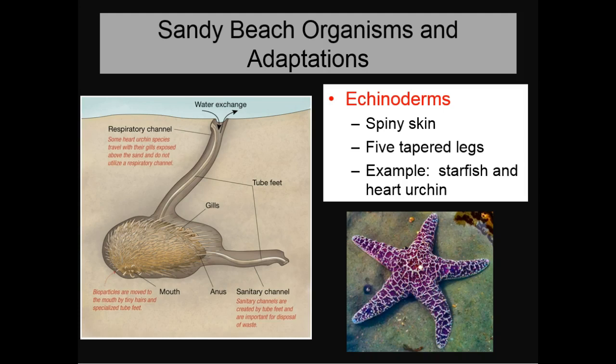You can see it's got its own sanitary channel where it kind of makes its own little bathroom off to the side, and this one is a filter feeder as well. Echinoderms generally have 5 different segments. The echinoderm name comes from this spiky skin.